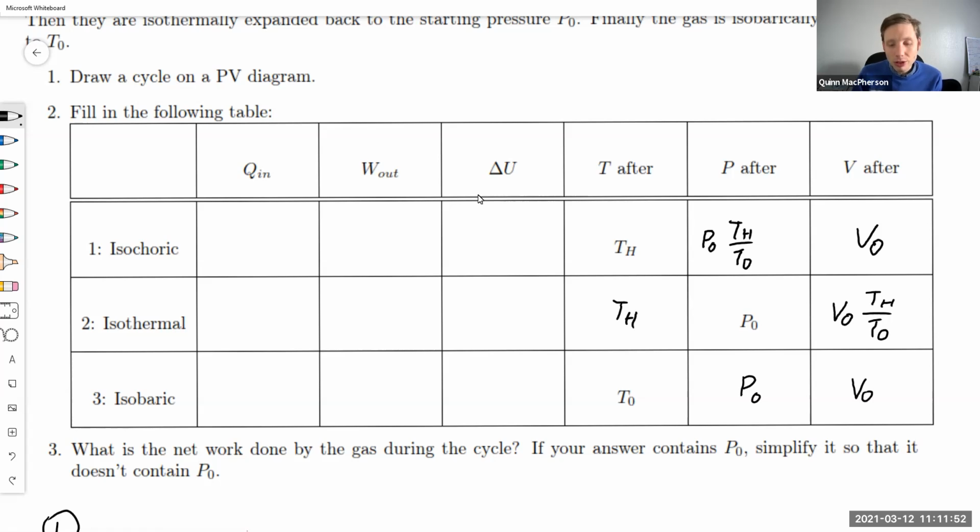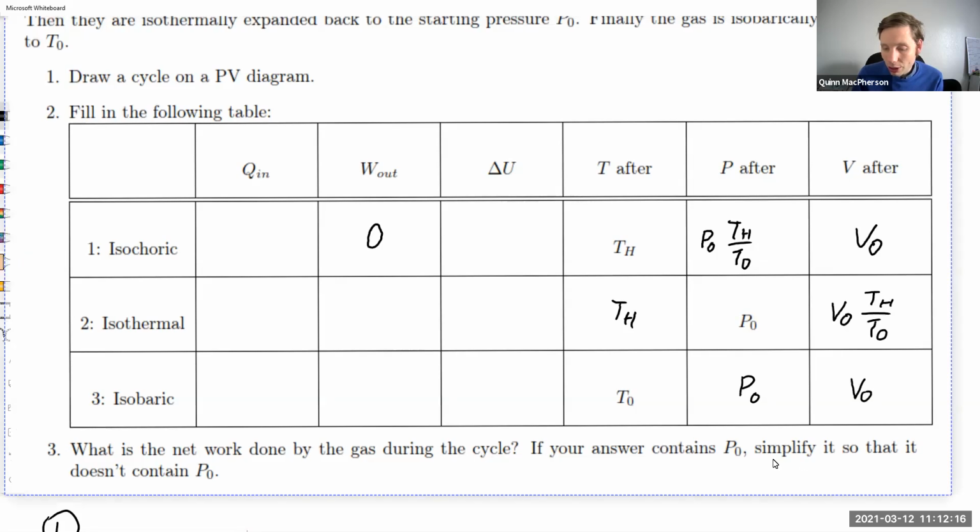The first thing I'm going to do is the isochoric process does no work. It's the vertical line. It's constant volume. There's no P dV, so it can do no work. So now I have to find either Q or delta U. I'm going to start with delta U. Delta U is directly related to temperature.